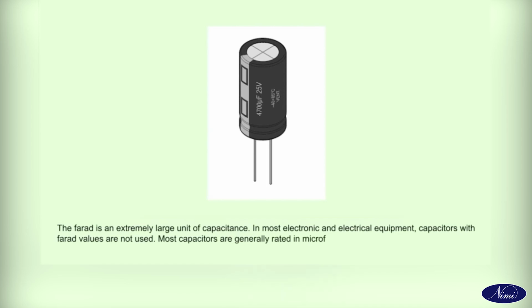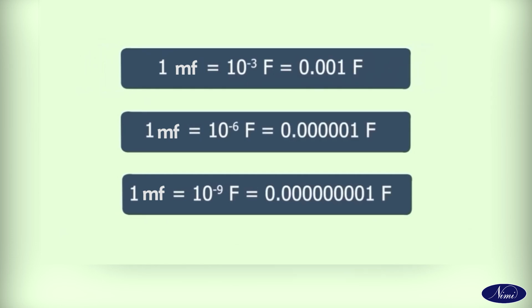Most capacitors are generally rated in millifarads mF, microfarads µF, and nanofarads nF. 1 millifarad is equal to 10 raised to the power of minus 3 farad, equal to 0.001 F. 1 microfarad is equal to 10 raised to the power of minus 6 F, equal to 0.000001 F. 1 nanofarad is equal to 10 raised to the power of minus 9 F, equal to 0.000000001 F. Let us put it into practice.